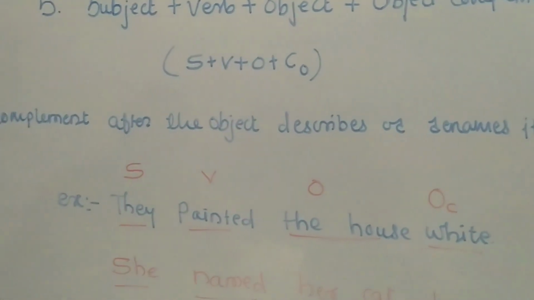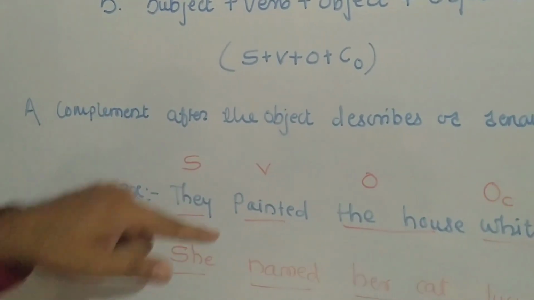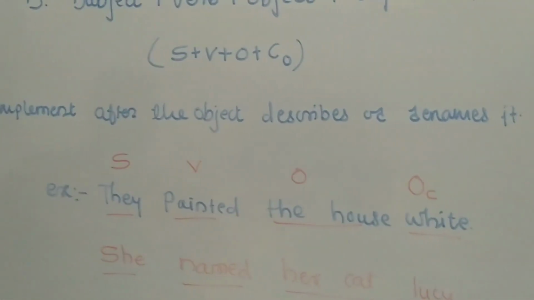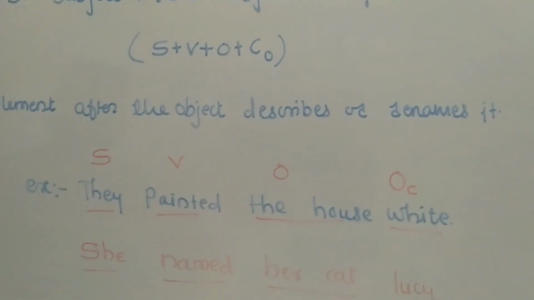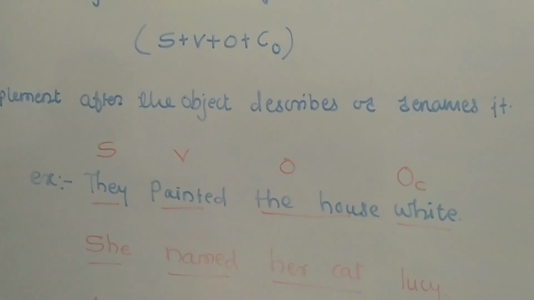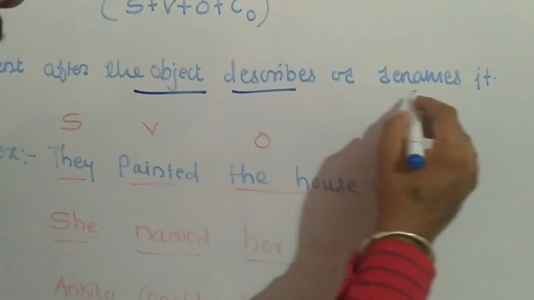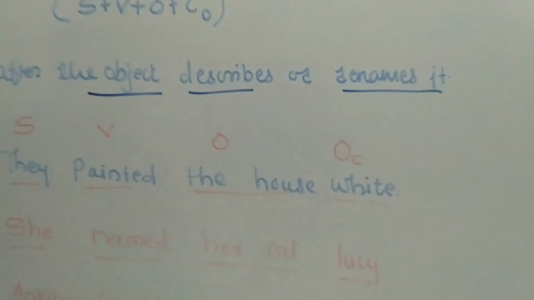A complement after the subject describes or renames it. When the complement comes after the object, it describes or renames the object.